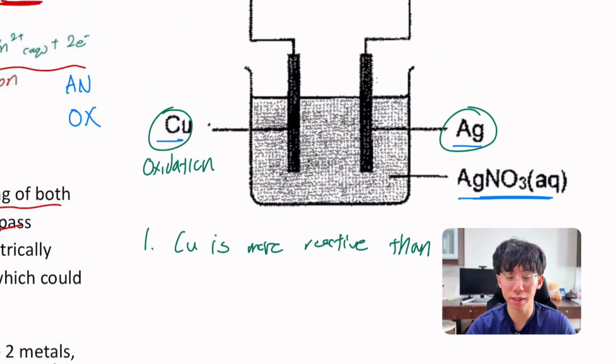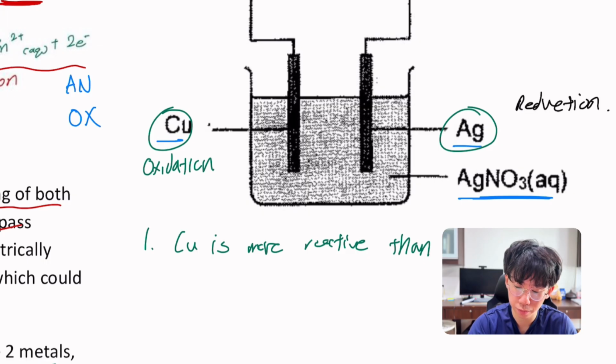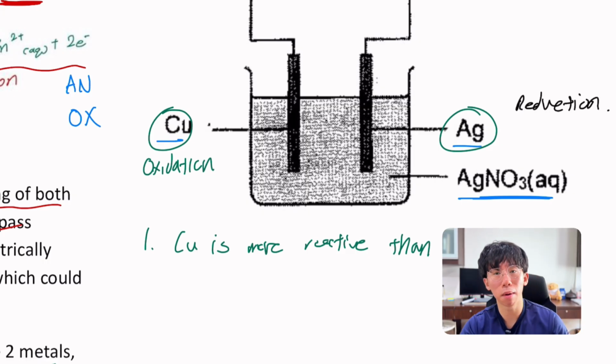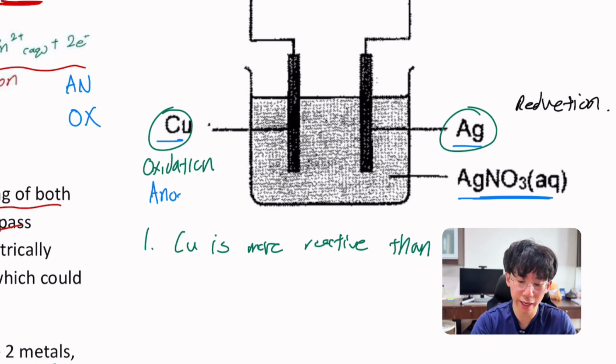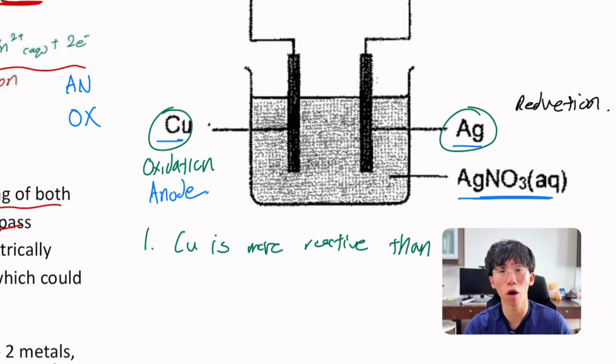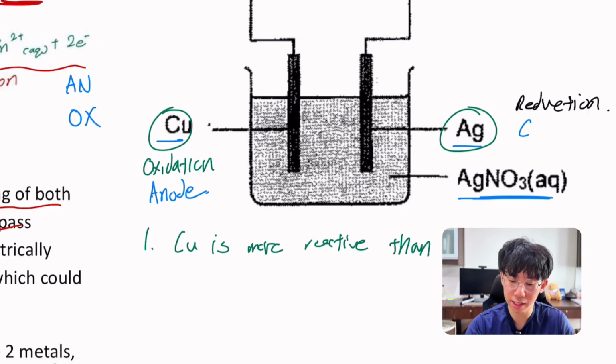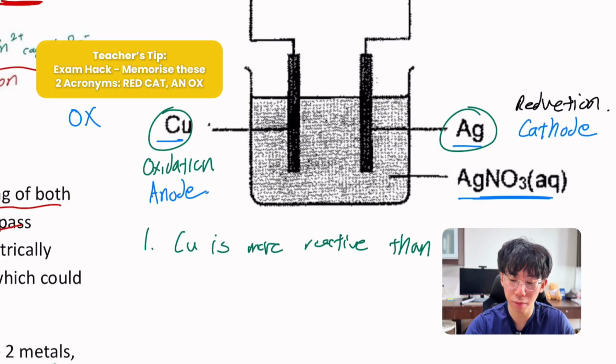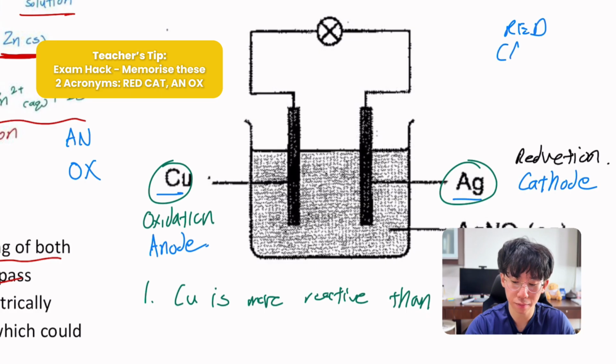And if oxidation happens here, then the other side would have reduction. And remember our acronym, OIL RIG... NOx. So we know that the anode is on the left side because that's where oxidation happened, and the cathode is on the right side because of the acronym red cat.